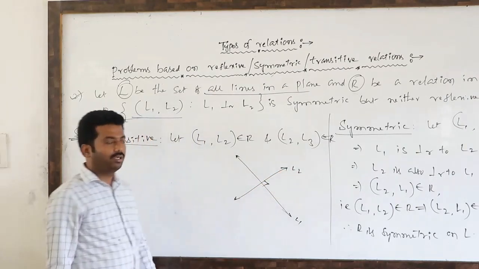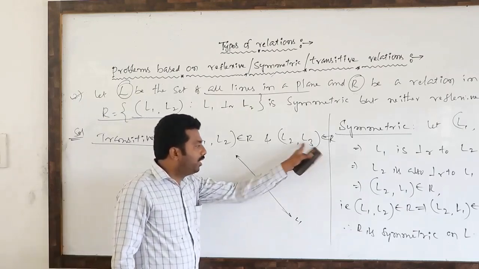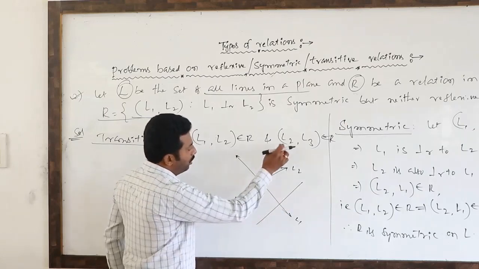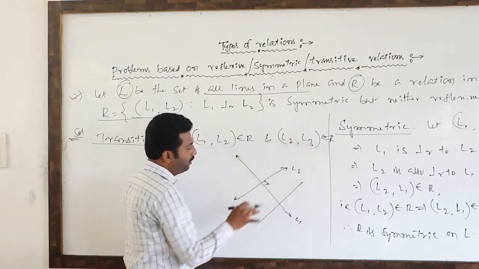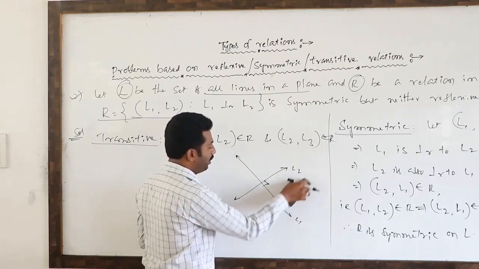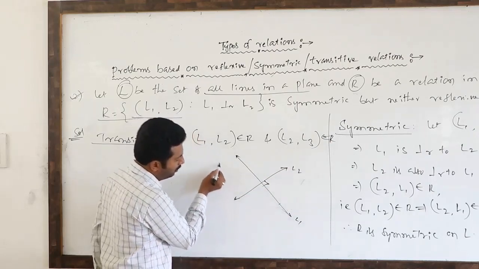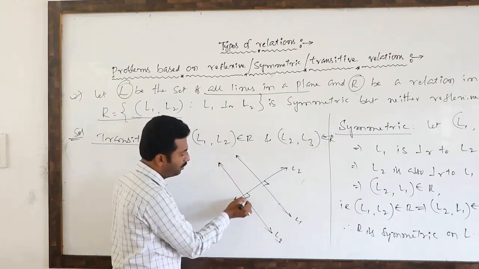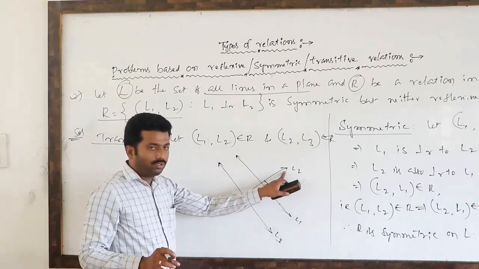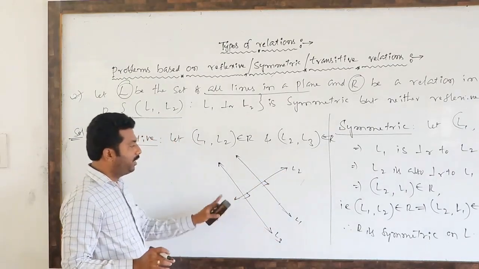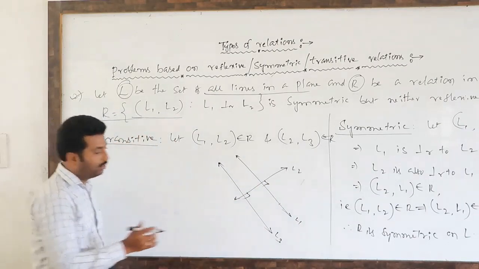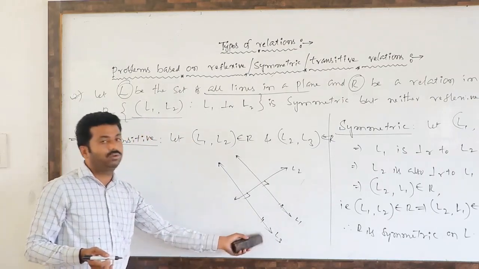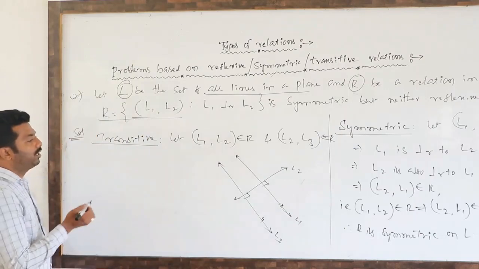L1 is perpendicular to L2, L2 is perpendicular to L3. Then what about the L1 and L3 relation? Both are parallel. So L1 is not perpendicular to L3. So capital R is not a transitive relation.